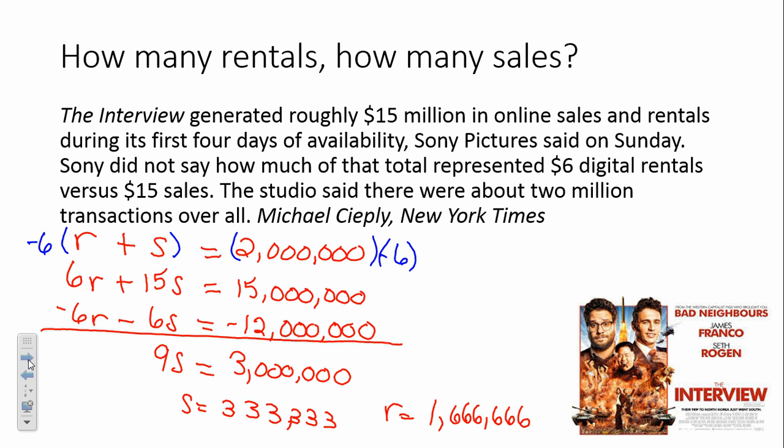We can call it 667, do a little rounding. So you could finish that story for the New York Times writer who said Sony didn't bother to tell us how many of each.